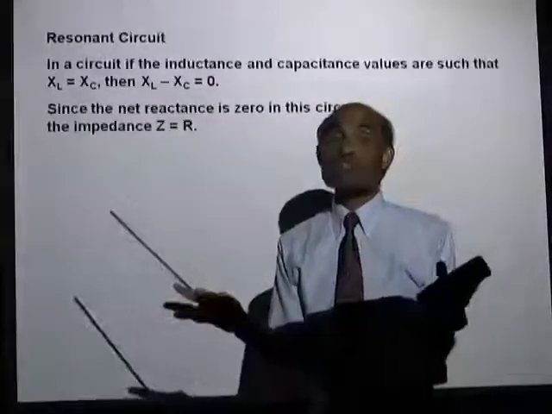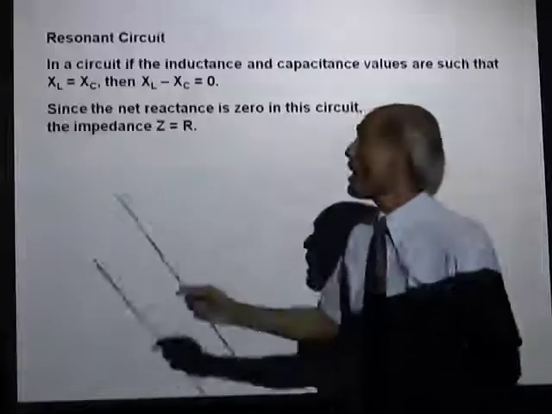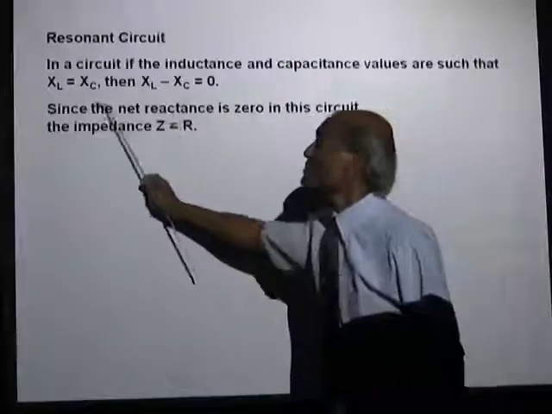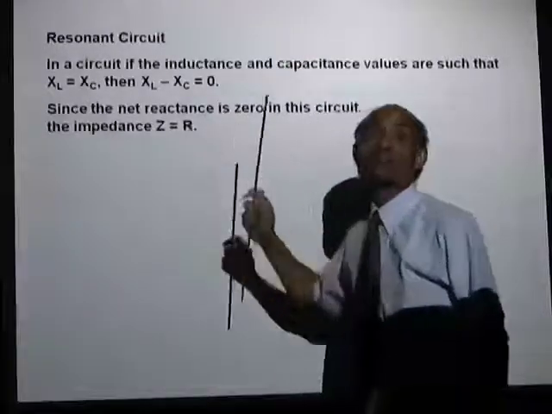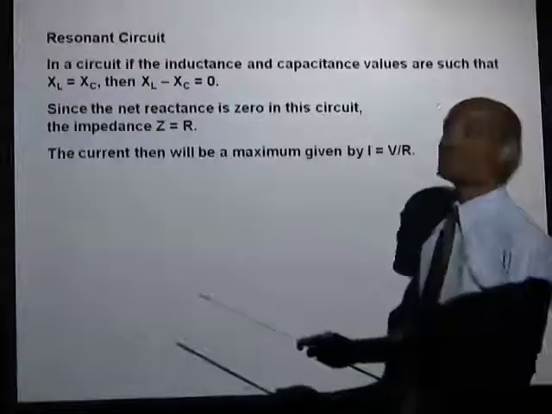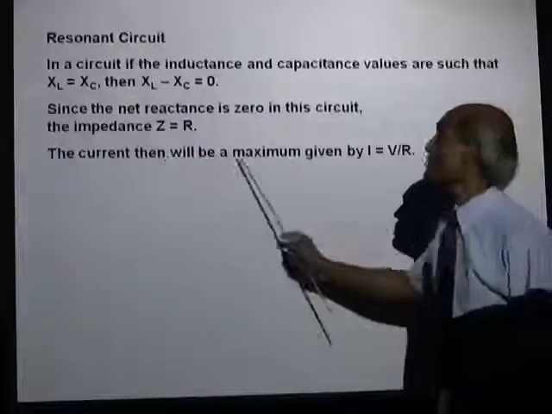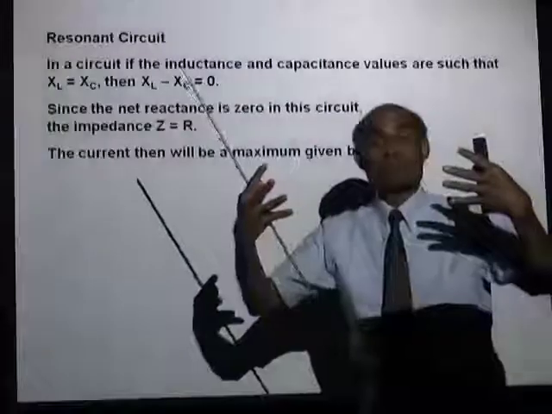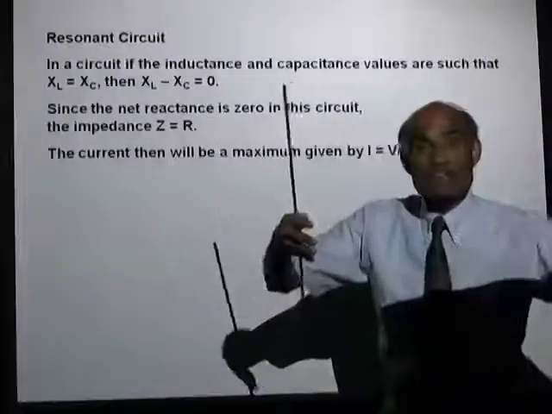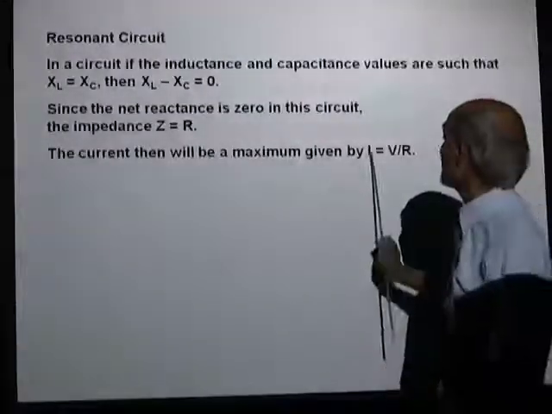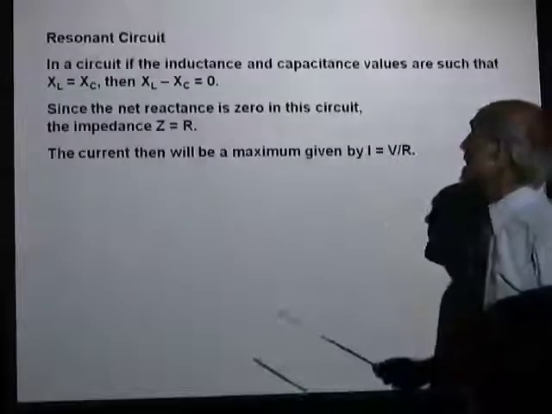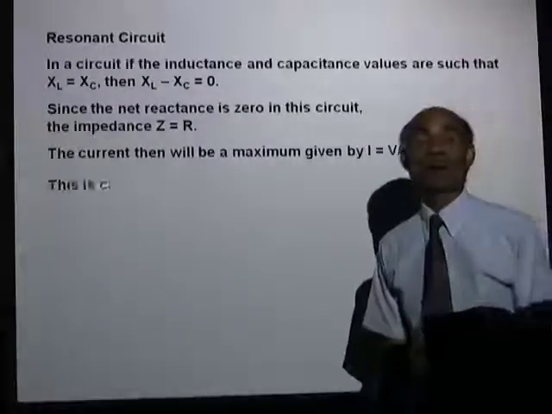Now, such a circuit will be controlled only by the resistance. So the total impedance then will be equal to the resistance only. The current then will be a maximum because the net reactance is 0. The maximum current then will be I equal to V over R.